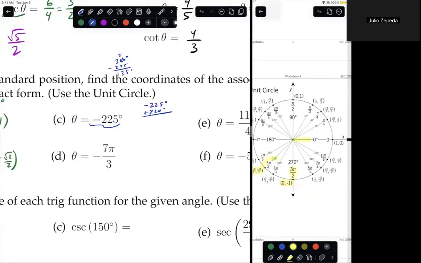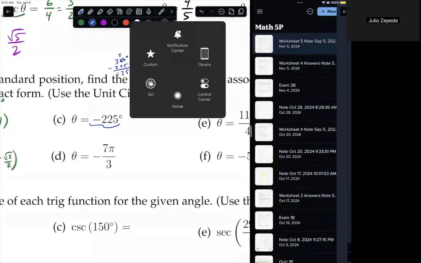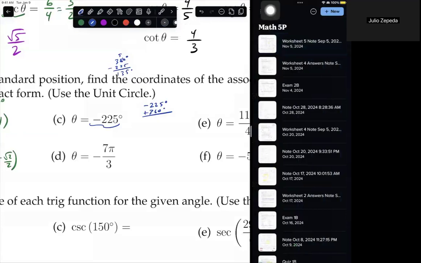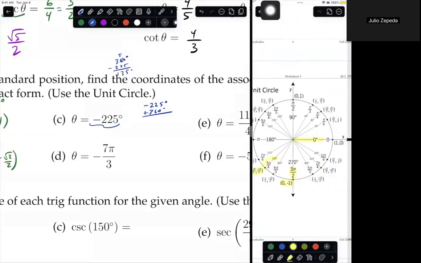So just to point out where the angle is, that is going to be, starting here at 0 and then going in the negative direction 225 degrees to end up at 135 degrees here.